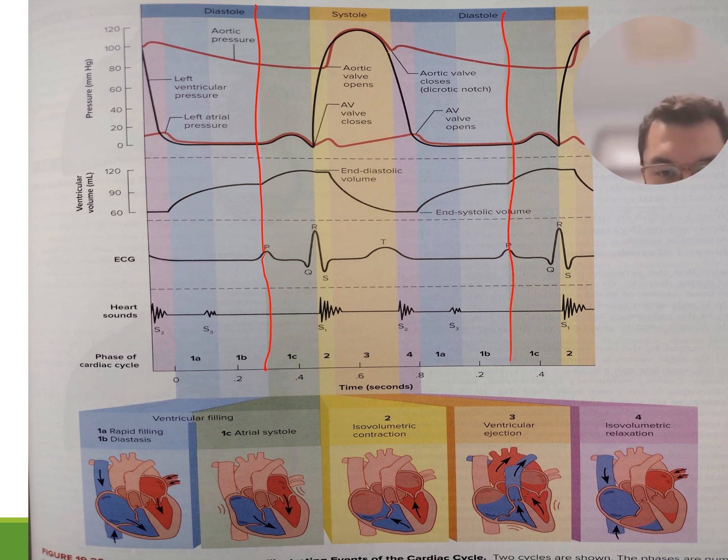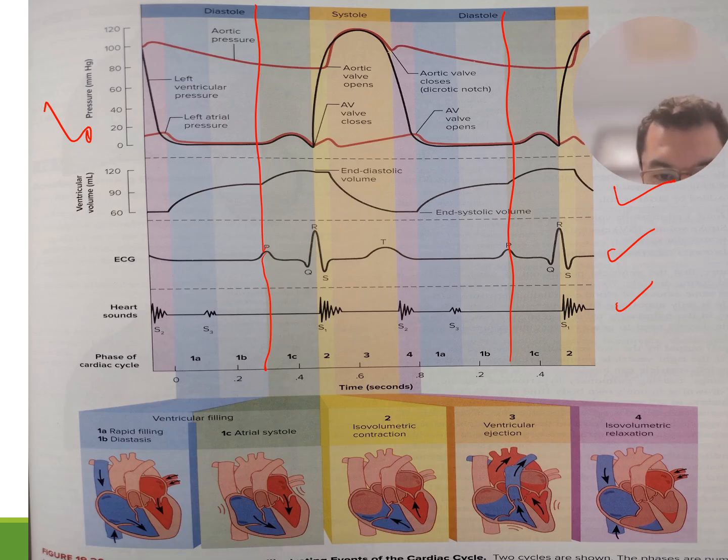And you can see that we have different graphs here. We have sound, cardiomyocyte depolarization with action potential, changes in volume, and changes in pressure in the ventricles and the atria. Let's go through each one of them.